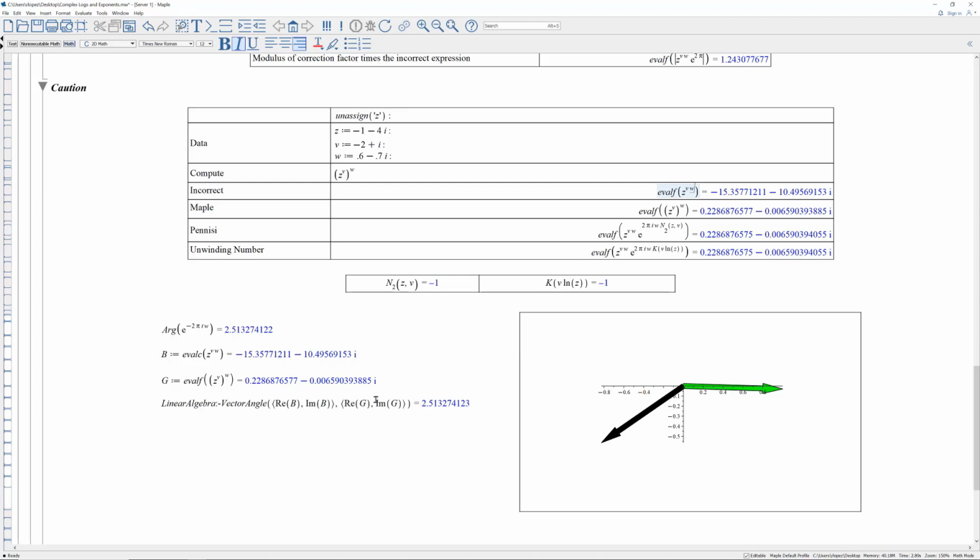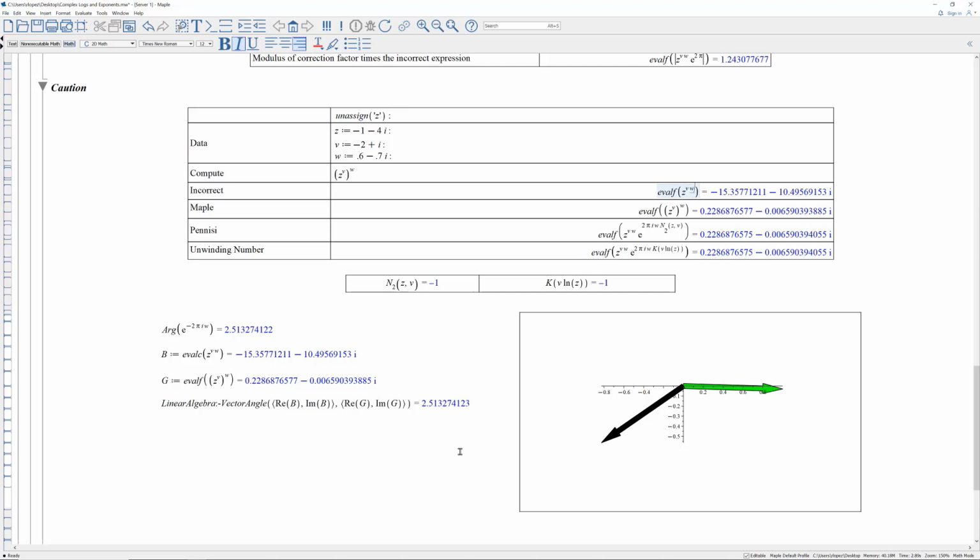Real part of the green one, which is the correct one, imaginary part, and you compute the angle between. 2.5, 2.5, the angles agree. So the multiplicative correction factor has this correct argument, which is a rotation in the complex plane. And that's where that angle fits in.